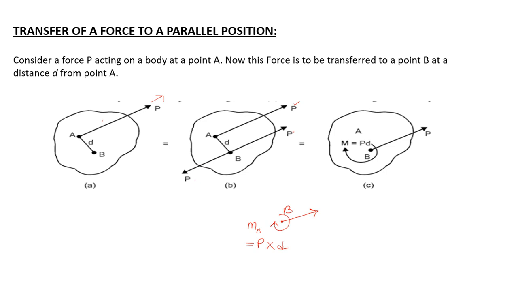So whenever we transfer a force to a parallel position, we get a force in the same direction, parallel to the previous one, and additionally a couple at the same point. In this manner a force can be transferred to any parallel position.